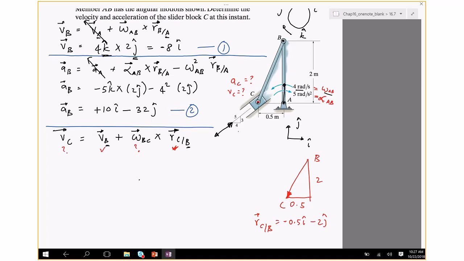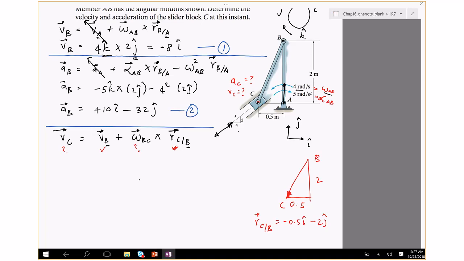We can just start by assuming it to be whatever you like. If you want to assume it downwards, you can assume it downwards and then write the vector. I'm inclined to assume it to be upwards, because when I assume it this way, it has a positive x component and a positive y component. If that assumption is wrong, it'll come out with a negative sign, just like when I assume omega BC is counterclockwise, and when the answer comes out negative, I say no, it's clockwise.